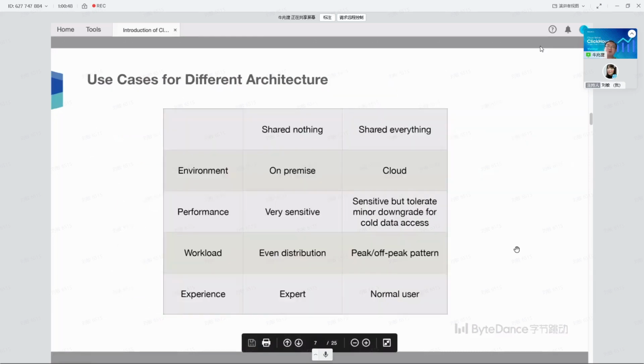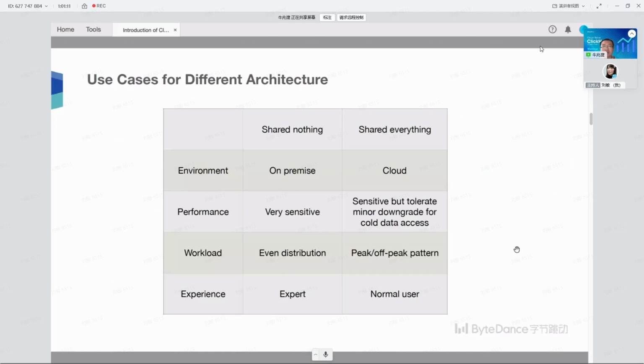People may want to ask: because both architectures have their pros and cons, how do we choose the proper architecture for our own case? Here, I try to compare the two architectures from four dimensions. The first dimension is environment.